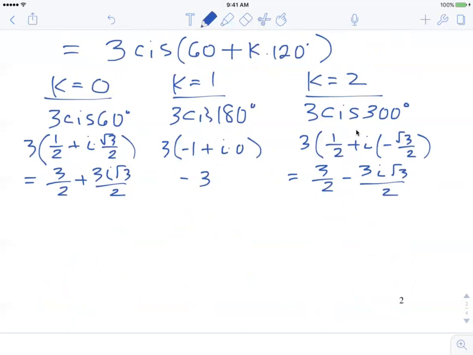One final thing we can do with this problem is graph it. So each of those can be graphed on the complex plane. And the cool thing is that, okay, let's just draw it out here. I draw a little X, Y, imaginary axis, real axis, and then draw a circle.